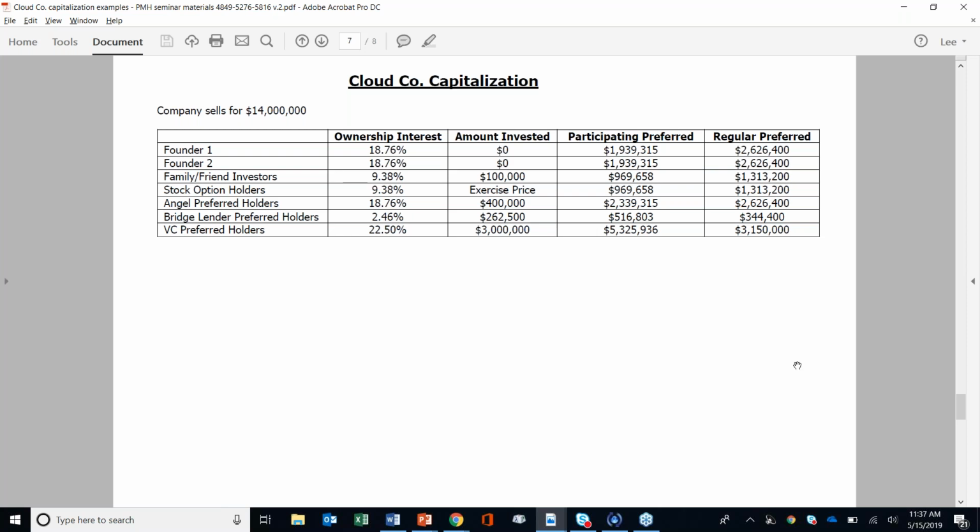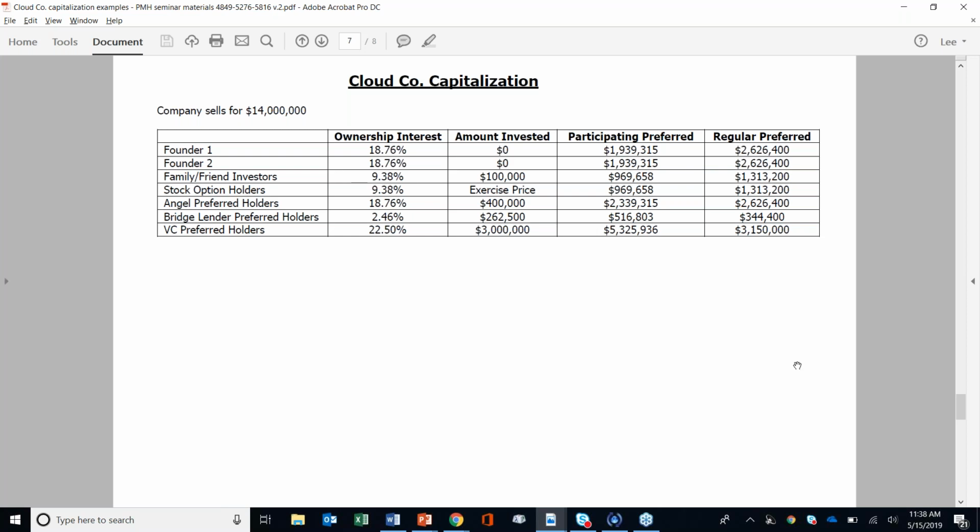But you can generally see it shifts the economics a good bit in a situation where you're selling for not a significant amount over what the value of your company was in your last round. But you can still see that the family friend investors would probably say they still did well.